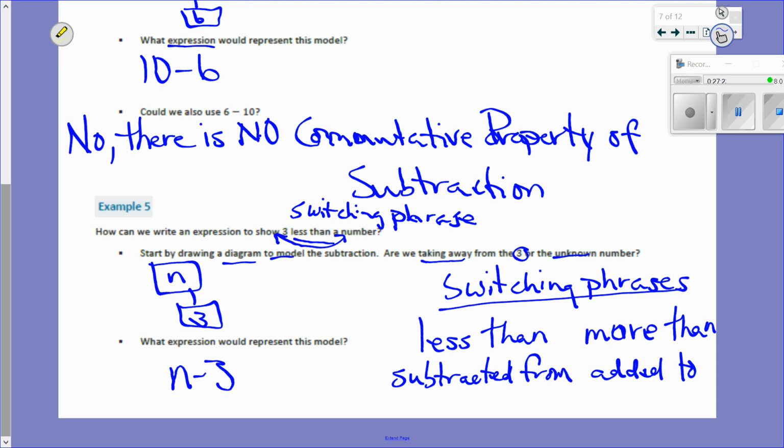Another key thing, what's missing? Would this be different if I said "3 is less than a number"? Yes, because if I said 3 is less than a number, it would be 3 is less than a number. So that word "is" also makes a big difference. On the pre-test you guys took, we had a problem very similar to this.